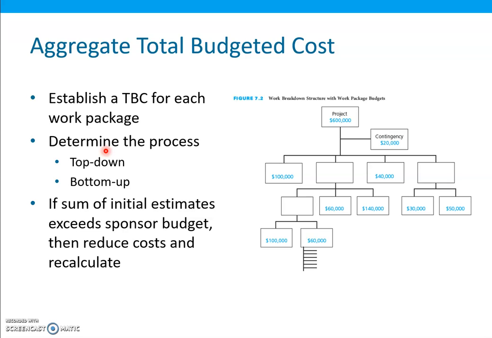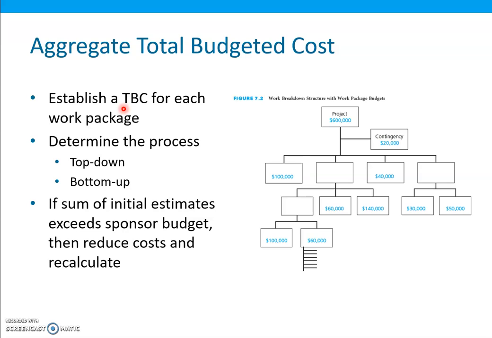So aggregate total budgeted cost. So allocating total project costs for the various elements to the appropriate work packages will establish a total budgeted cost for each work package. Okay, total budgeted cost, that means TBC.